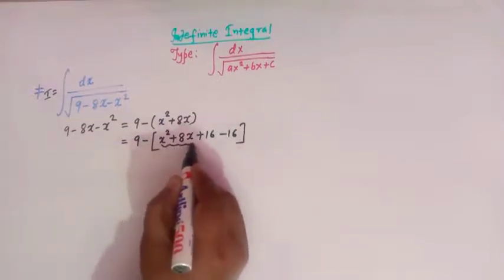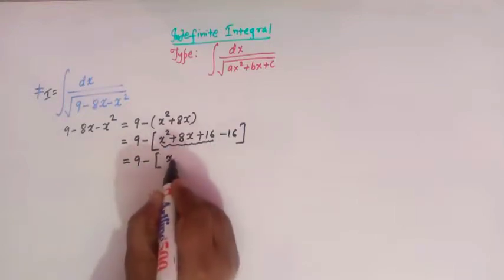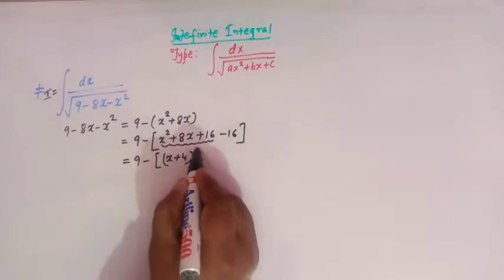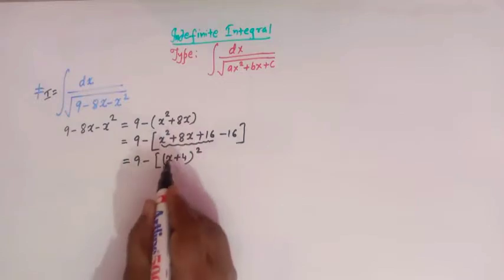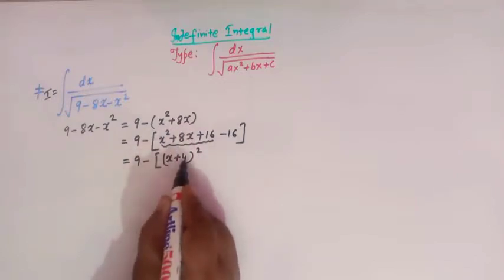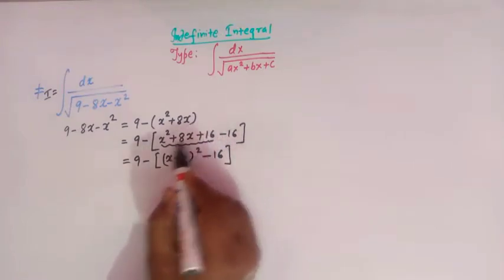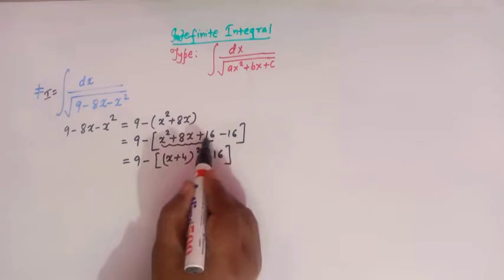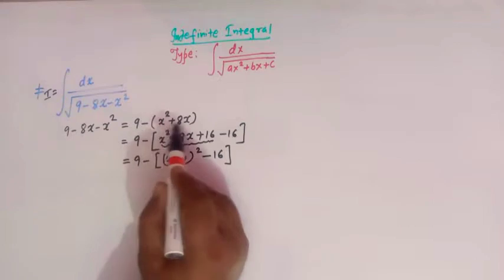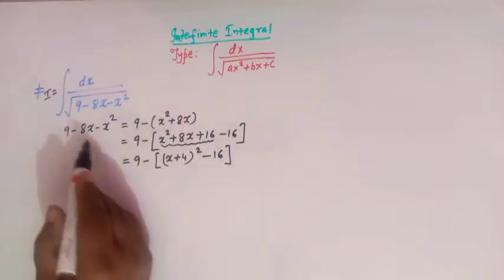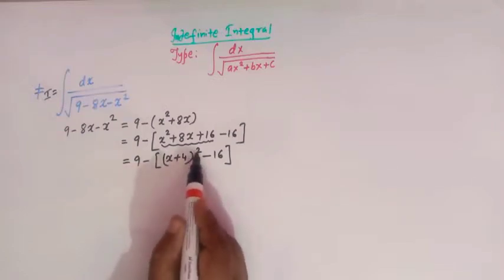And we see that this term is now equal to x plus 4 whole square, because this is a square, then b square, and then the 2ab term is 2 times x times 4, that is 8x, and here we have minus 16 to compensate this term. So 16 and 16 get cancelled, and we are left with this term. This is how we write this perfect square, that is x plus 4 whole square.